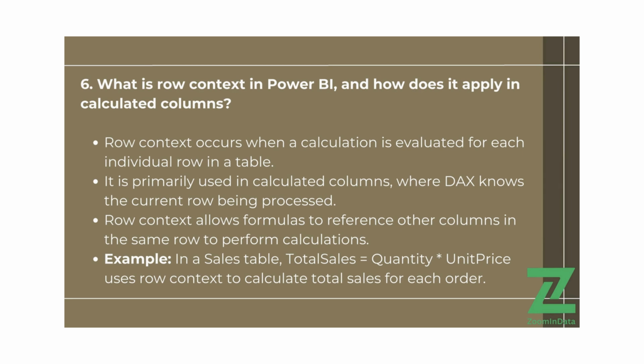Because of row context, a formula can easily reference other columns from the same row to perform its calculation. For example, in a Sales table, a calculated column like Total Sales equals Quantity multiplied by Unit Price uses row context to compute the total sales for each individual order. So simply put, row context is what allows Power BI to perform calculations row by row.